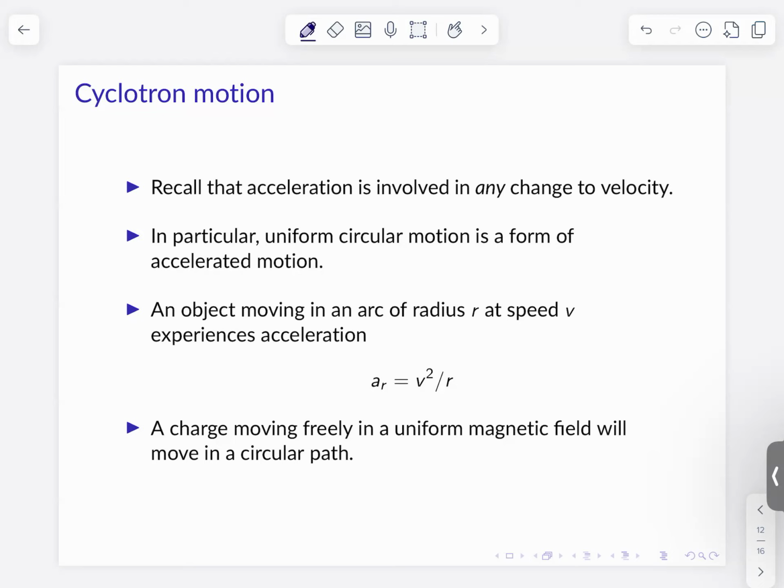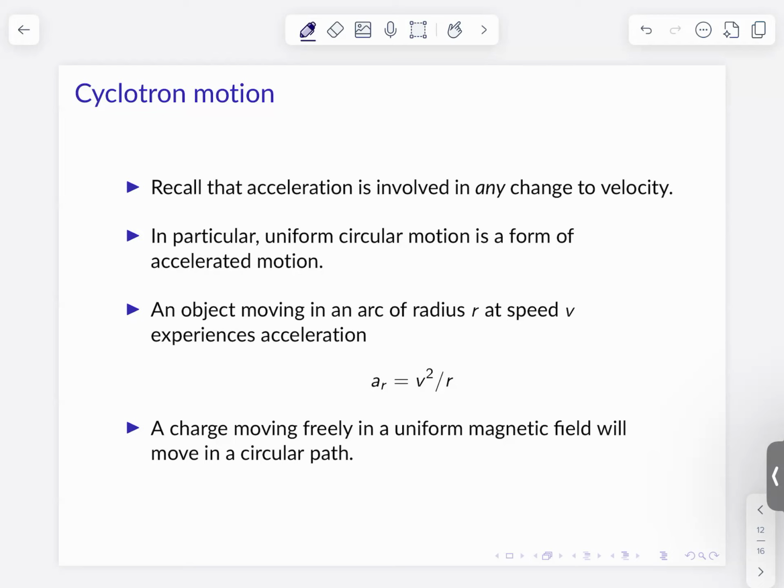Circular motion is an accelerated motion, and when you move in radius r at speed v, the formula that we were just revisiting is v squared divided by r. I have built you up to this point in the previous review questions.